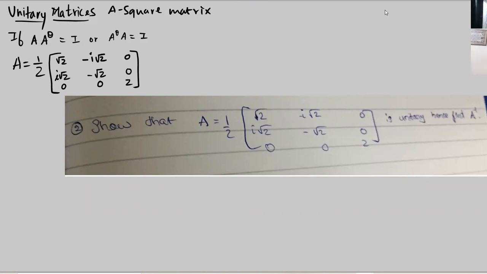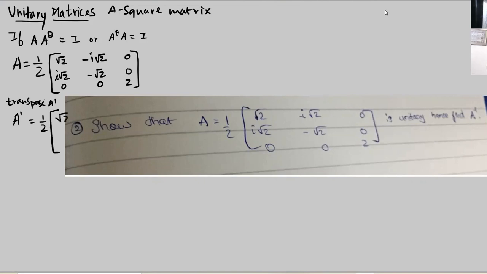So this is the given matrix. Now we have to find A transpose. Let's find A transpose first, denoted as A dash. If you know what we do in transpose, rows to columns and columns to rows.